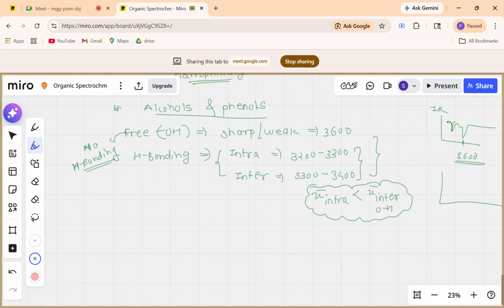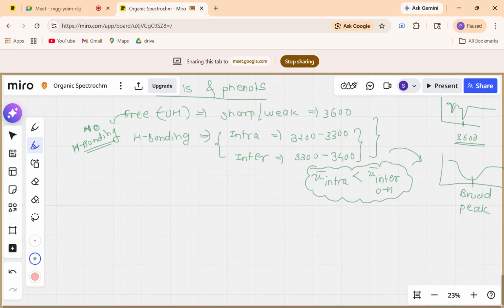So here what I was saying is that if there is a free OH, it means there is no hydrogen bonding. Practically, if there is OH there will be hydrogen bonding, intramolecular or intermolecular. But if we are able to keep it in a vacuum in such a way that there is a free OH group present in a molecule without any hydrogen bonding, it will give you a sharp and weak intensity signal.